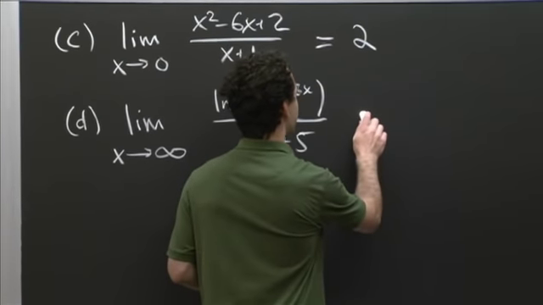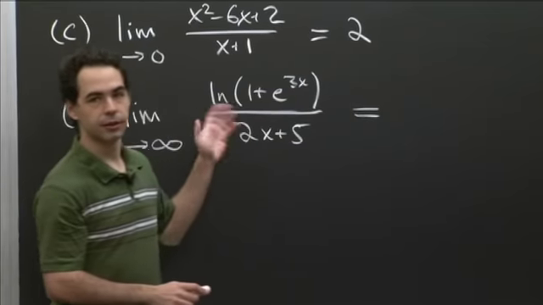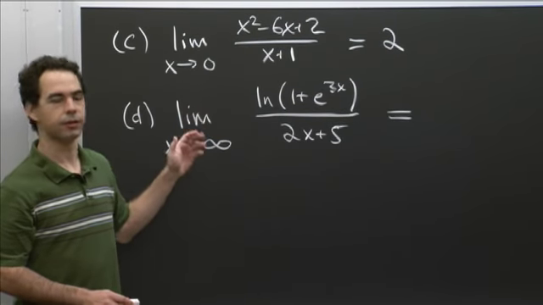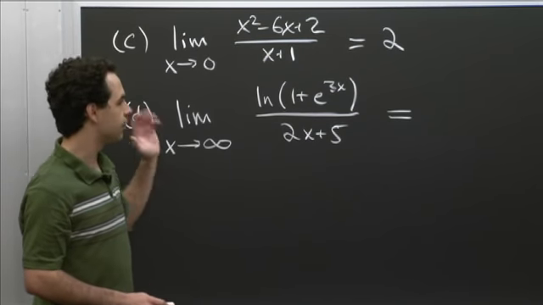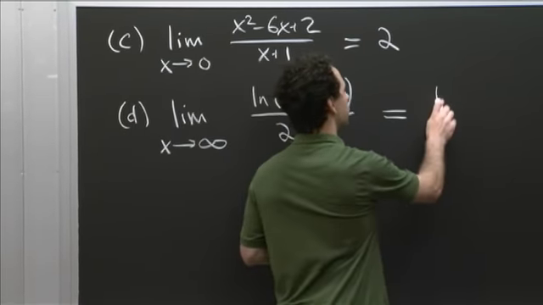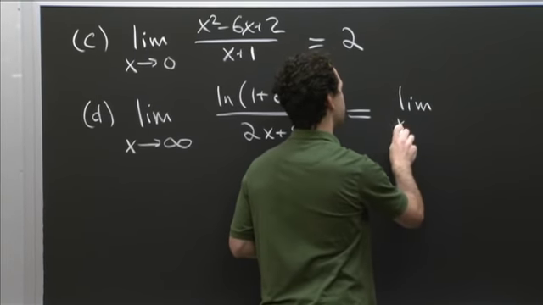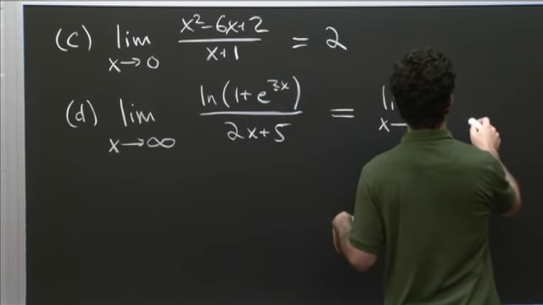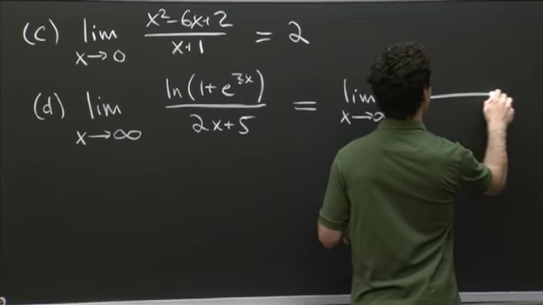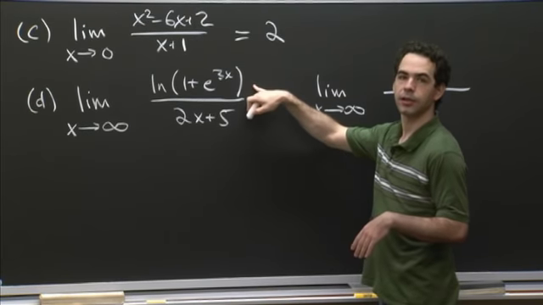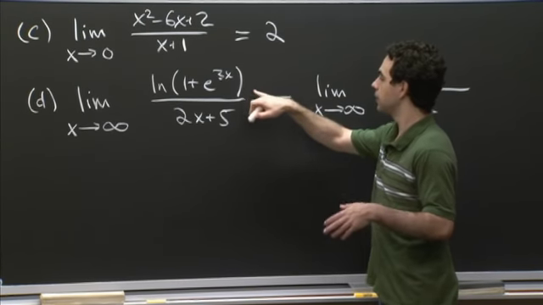L'Hopital's rule says that this is equal to the limit of the ratio of the derivatives, provided that limit exists. So this is equal to the limit as x goes to infinity of, OK, we need to look at the ratio of the derivatives. The bottom one is easy. That's 2. For the top one, we need to use the chain rule.